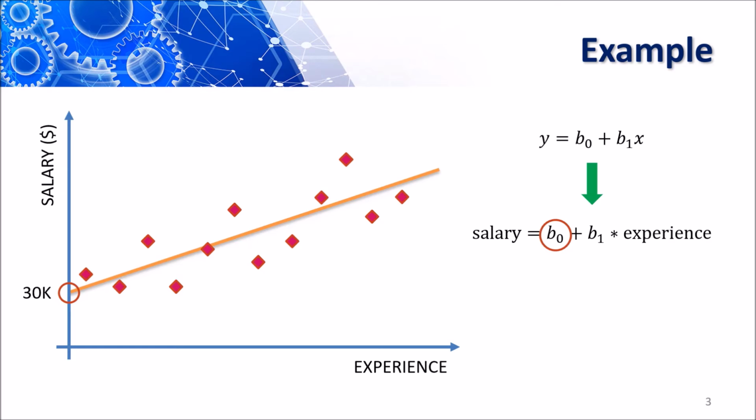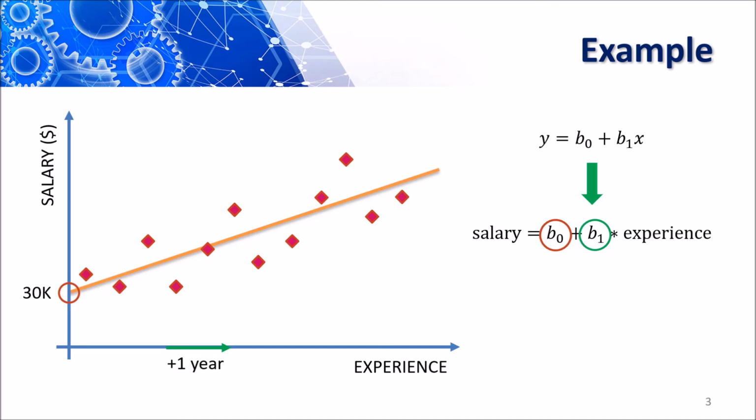Okay, now what is b1? b1 is the slope of the line, and so the steeper the line, the more money you get per extra year of experience. Let's look at this. In this particular example, let's say somebody went from, I don't know, maybe 4 to 5 years of experience, right?